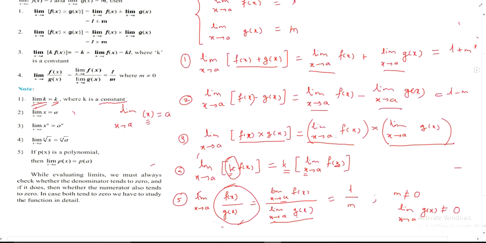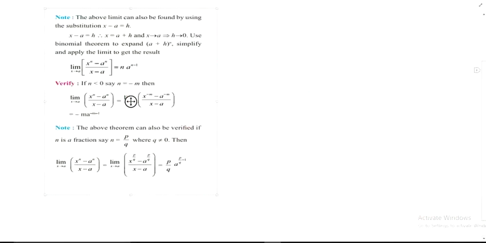Now our second rule is for the power function, that is, if there is a variable. Our first note is that for a constant function, if we are taking the limit of the function at x is equal to a, but the function takes the value k which is constant, then we get k.